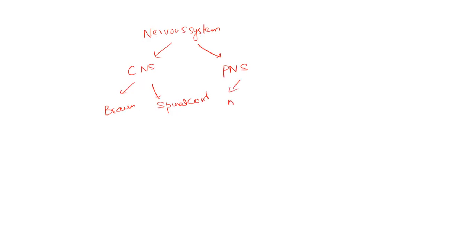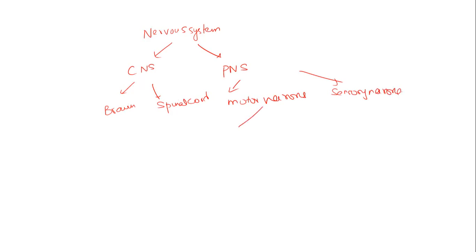So we already know that the nervous system is classified as central nervous system and peripheral nervous system. Central nervous system consists of brain and spinal cord, whereas peripheral nervous system has motor neurons and sensory neurons.